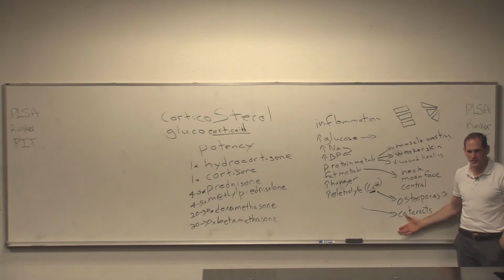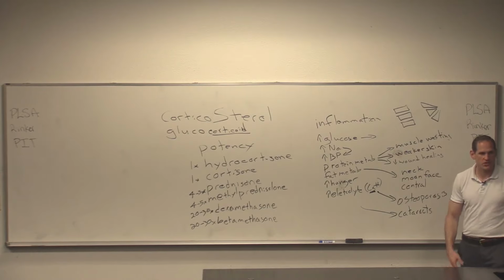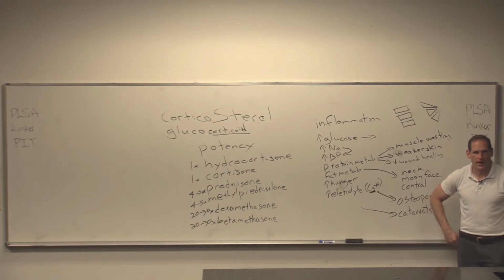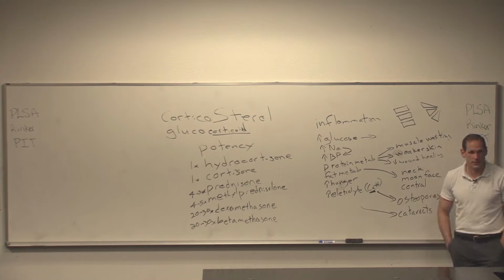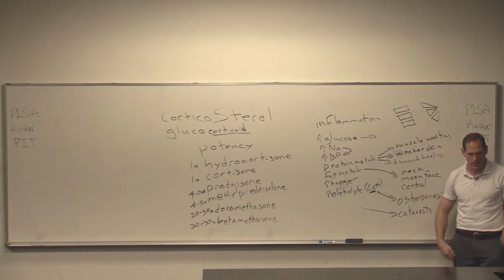But patients who are on steroids tend to have more cataracts. That's going to make their vision dim and blurry. And the only cure for it is to give them a cornea transplant, at least at this time. You can surgically remove them, but sometimes, depending on how bad it is, they'll need a cornea transplant.